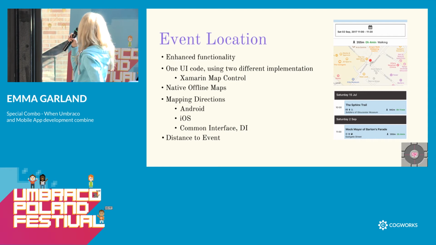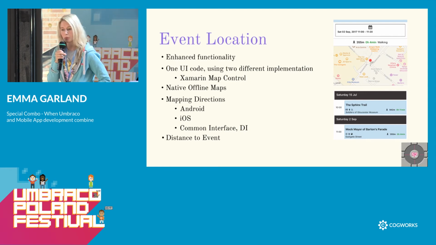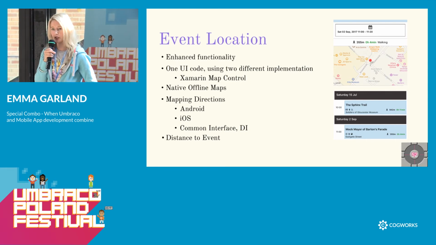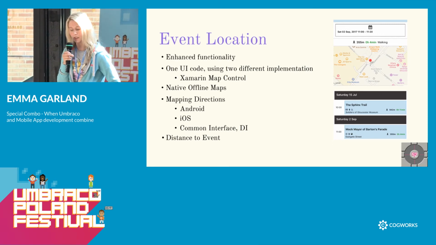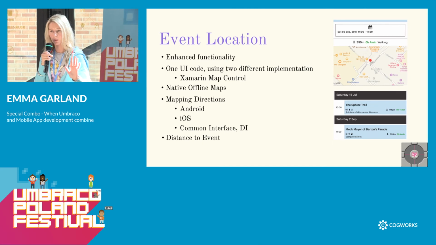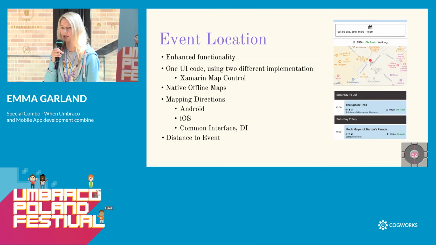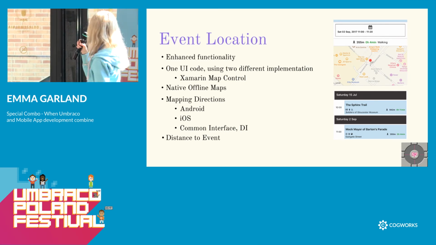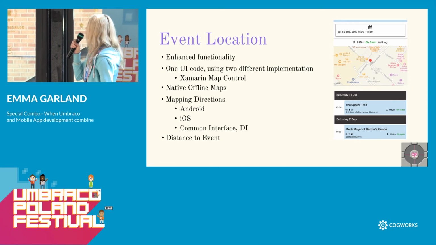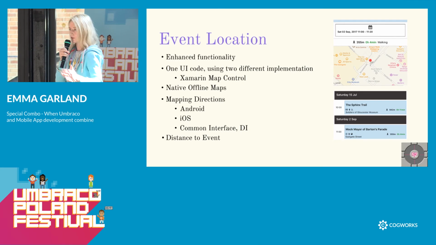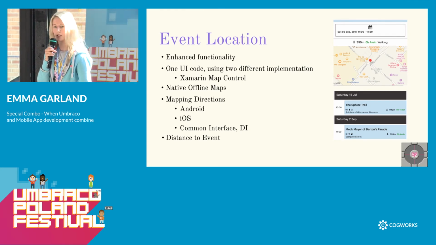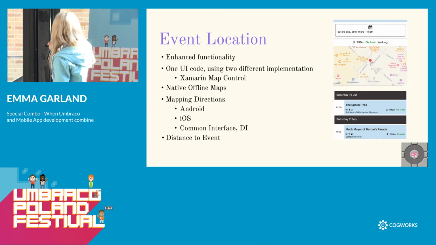Okay, so in terms of other functionality, one thing we really like is the location functionality, which basically, using Xamarin Forms, we can write the same bit of code and it just uses the platform-specific functionality. So we just use this Xamarin map control, and then it compiles to the framework application that it wants, so it works for Android and iOS.